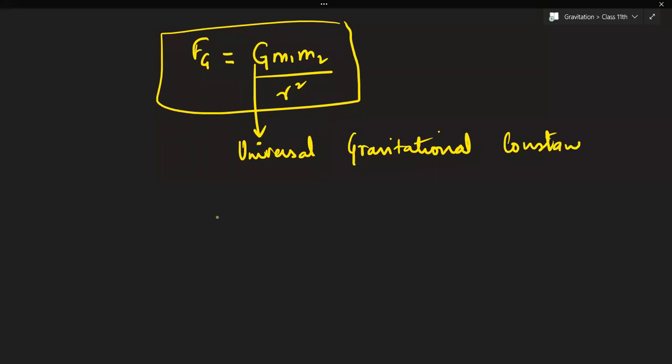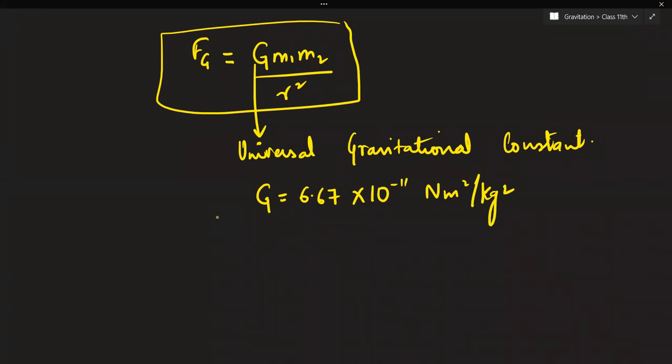It has a specific value which you all have to remember: 6.67 into 10 to the power minus 11 Newton meter square per kg square. Fine. So this is universal.